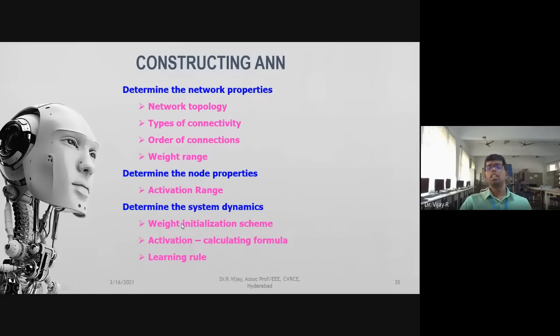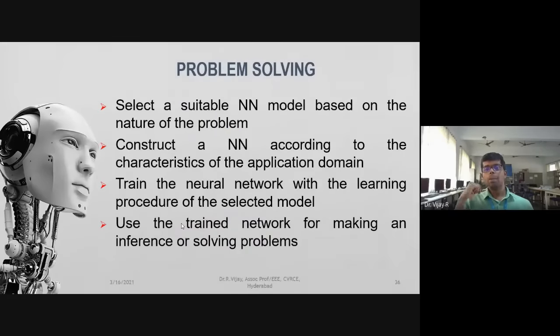Which learning rule does it have to follow? Whether it is supervised learning, unsupervised learning or reinforcement learning, you should follow that learning rule also. So simply, you have to choose a suitable neural network based on the problem, and construct it based on the characteristics of the problem.